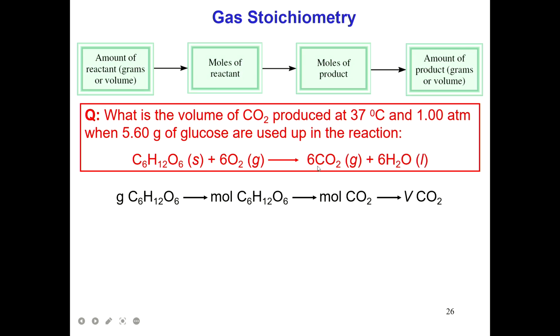After we know the moles of this product, this means we know the n number, and then we can use the gas equation to calculate the volume of this. Okay, so how to get the answer?